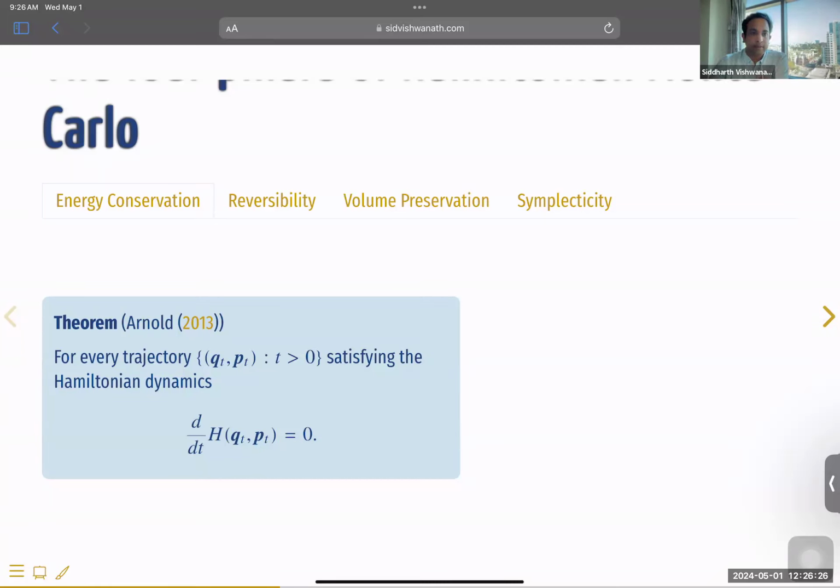The first is something very well known about Hamiltonian systems, which is the conservation of energy. If you look at your trajectories along the flow of the Hamiltonian system, the energy along this flow is conserved, so the change in the Hamiltonian along this flow is going to be zero. This means that anytime you stop your dynamical system and take a proposal from that state, it has exactly the same target density as the place where you started off at time zero.